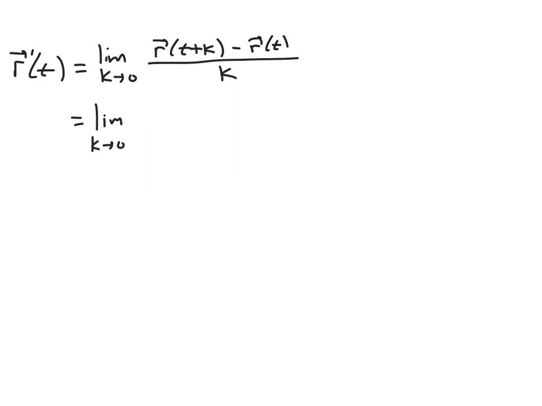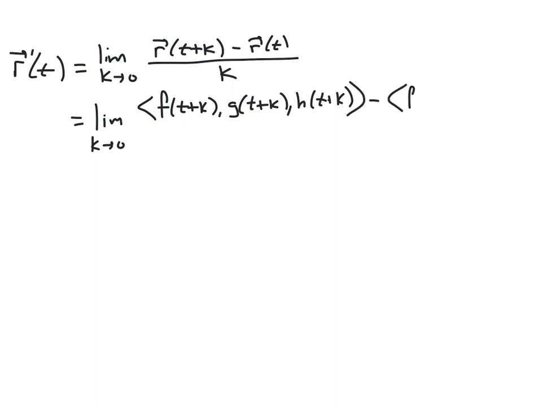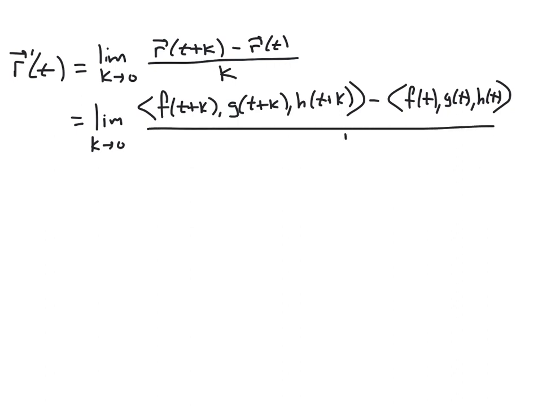So this will be the limit as k goes to 0 of f of t plus k, g of t plus k, h of t plus k, minus the vector r, which is just f of t, g of t, h of t. And all of that will be scaled by k.